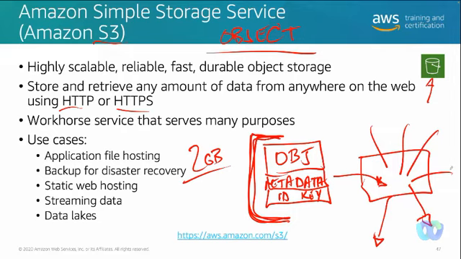That's what it was built for. So for example, in there, you can easily store static content such as videos, images. When we're talking about Netflix movies, when we're talking about Amazon Prime videos, we're talking S3. This is where it's stored.